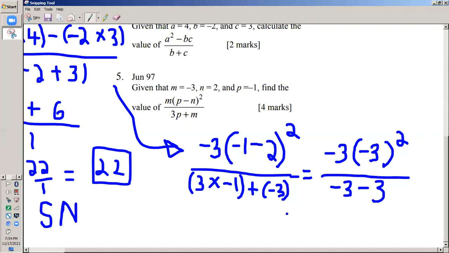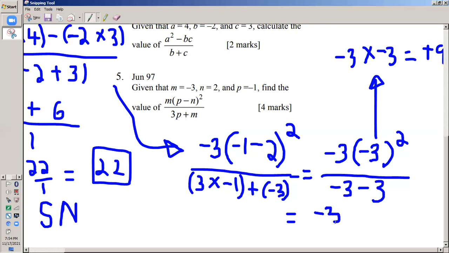All right, any more questions? What is -3 squared, class? It's -3 times -3, which is +9. Am I correct? So we end up with -3 times 9.